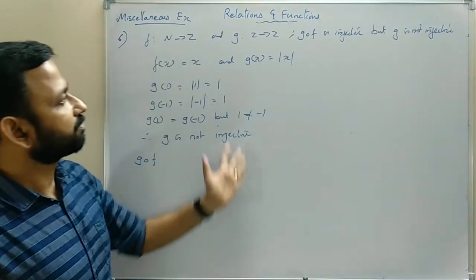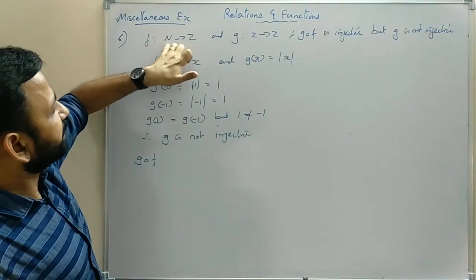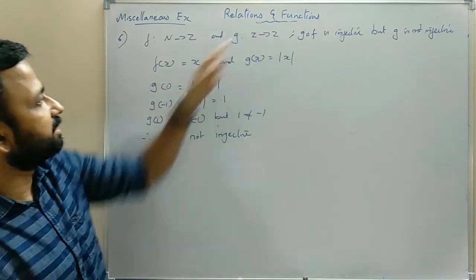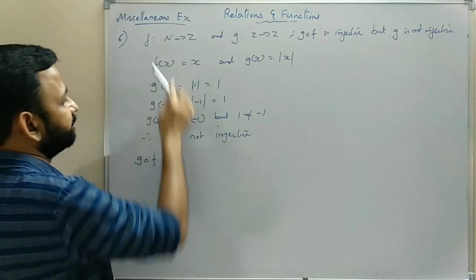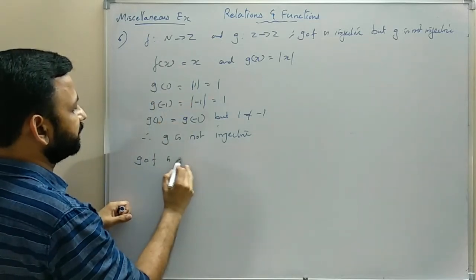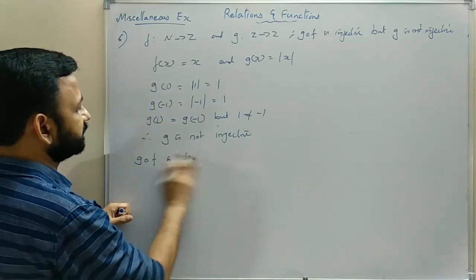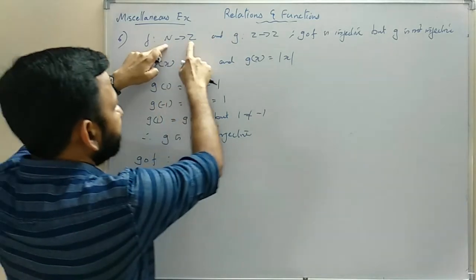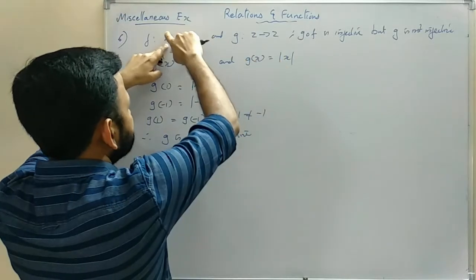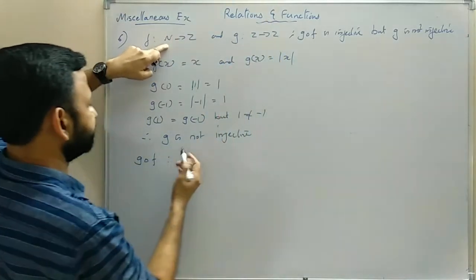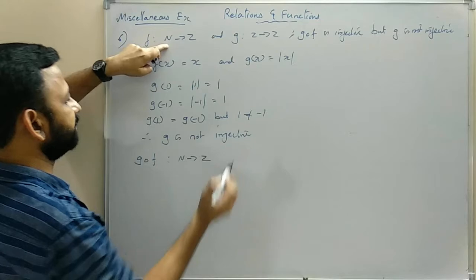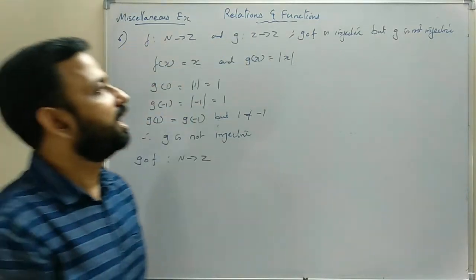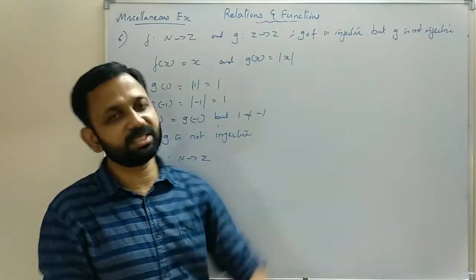Here f is a function from N to Z and g is a function from Z to Z. Therefore g composition f is a function from N to Z. And now we have to show that it is an injective function.